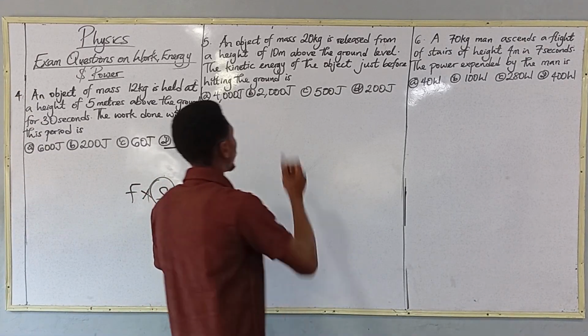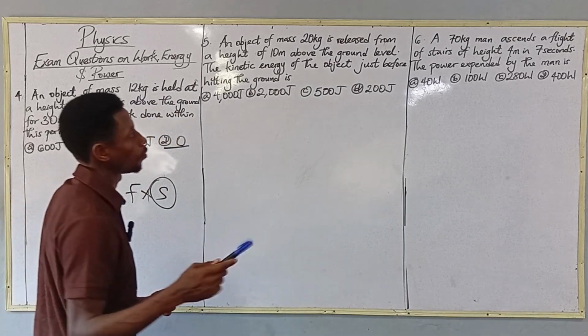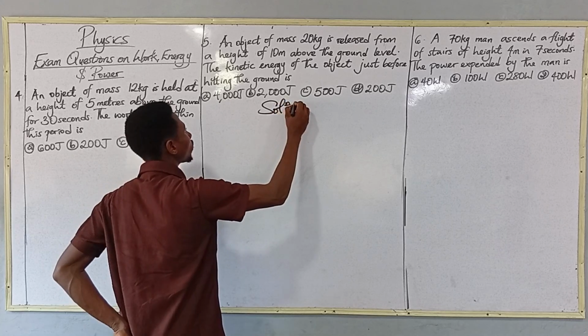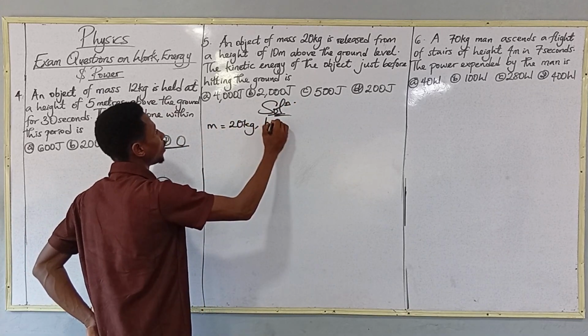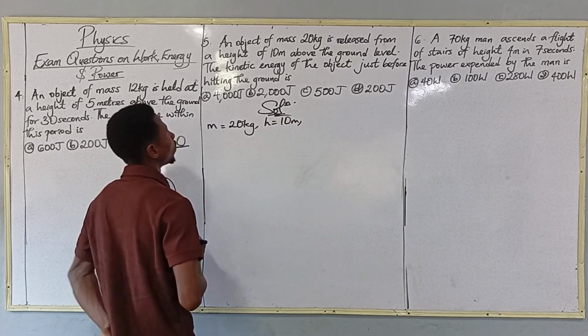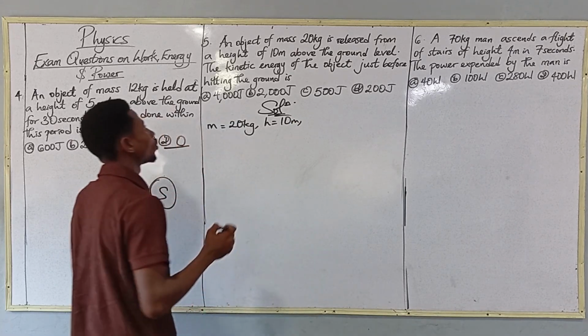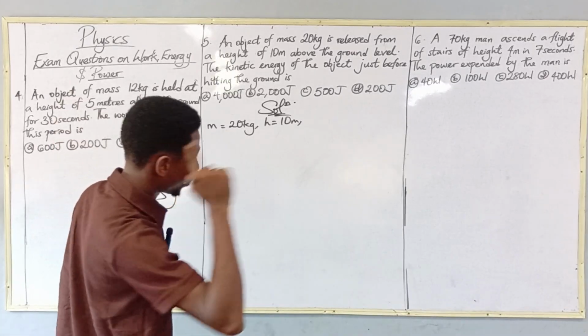The next question. An object of mass 20 kg is released from a height of 10 meters above the ground. The mass is 20 kg. The height above the ground is 10 meters. We should calculate the kinetic energy of the object just before hitting the ground. Here, we also have to apply knowledge.